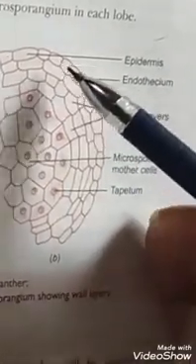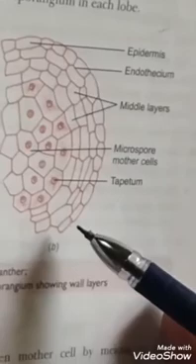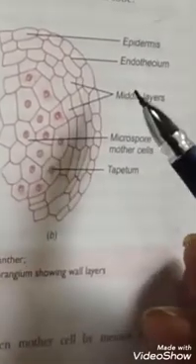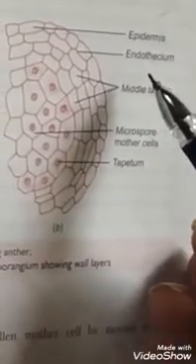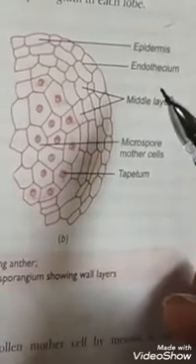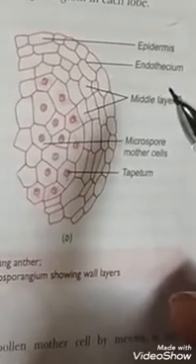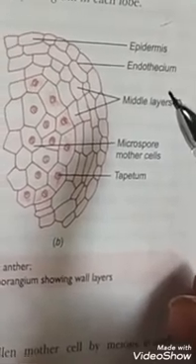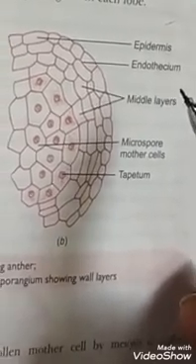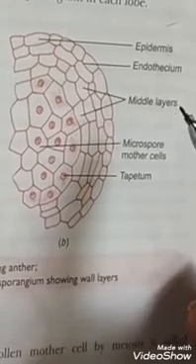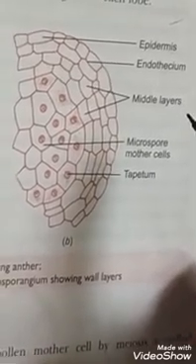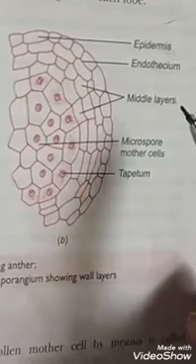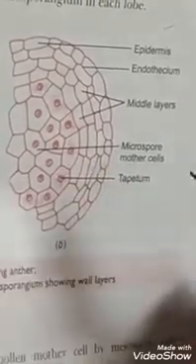It means it forms a protective layer. Next is endothecium. This second layer, endothecium, has thick walled cells and helps in dehiscence and is protective in nature.